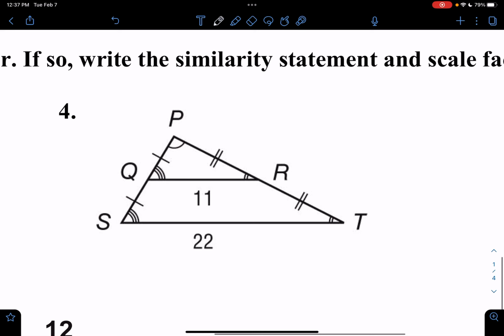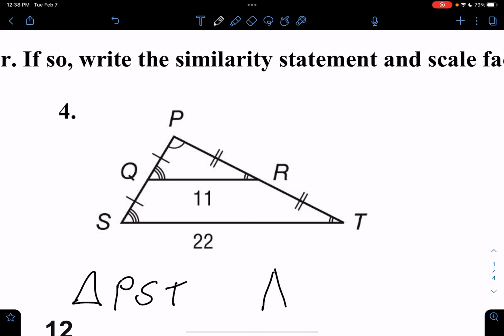Well, I want you to pay attention to 2 different triangles. I want you to pay attention to the big triangle, triangle PST, and I want you to compare that triangle to the small triangle PQR. Okay? And I'm going to write here triangle PST, and I'm going to write here triangle PTS.